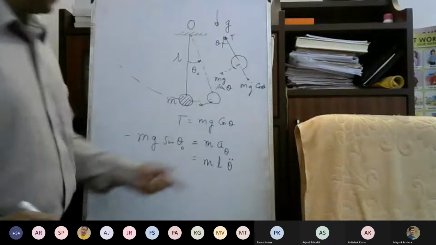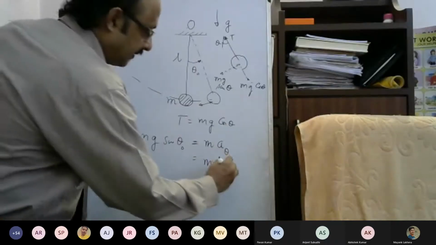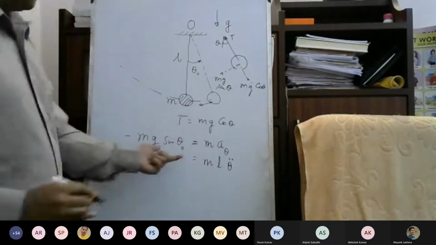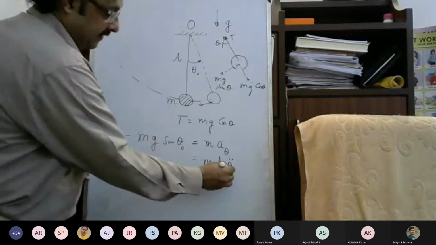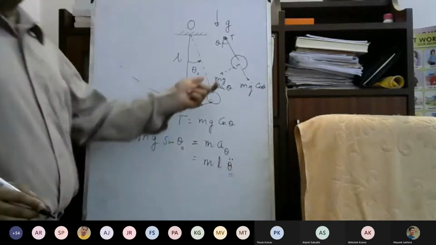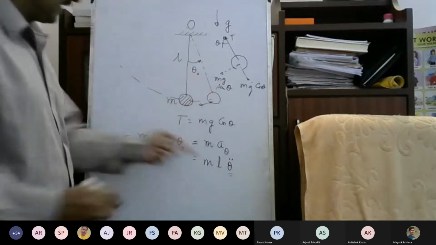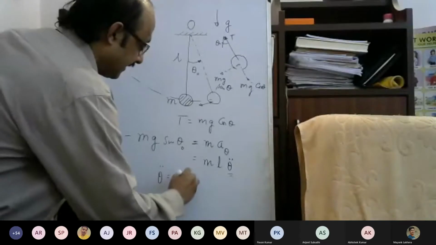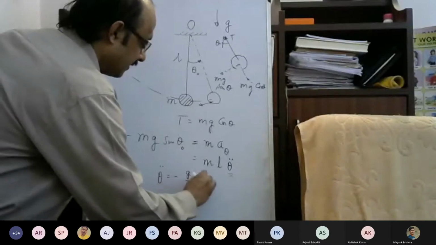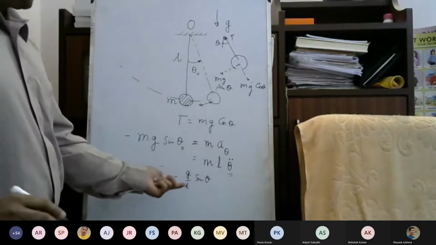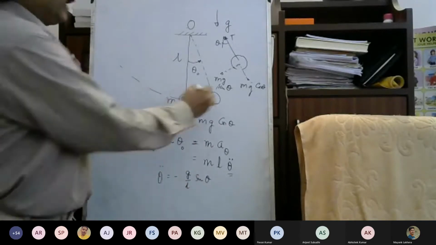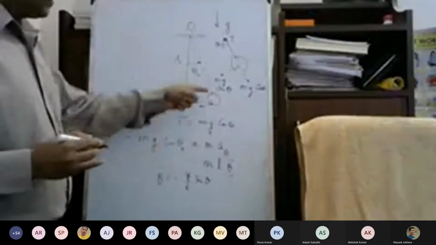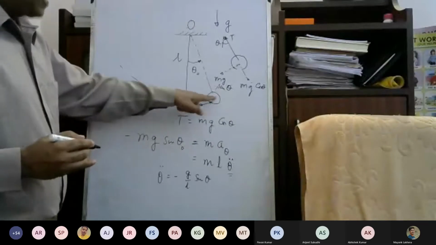So this is the acceleration at this particular point. If there is an acceleration in this direction, then theta double dot will be equal to minus g by L sine theta. So here you see that at this point when you pull it, there will be acceleration.